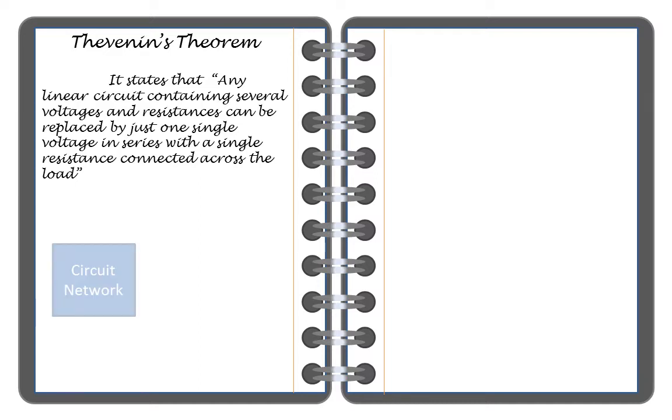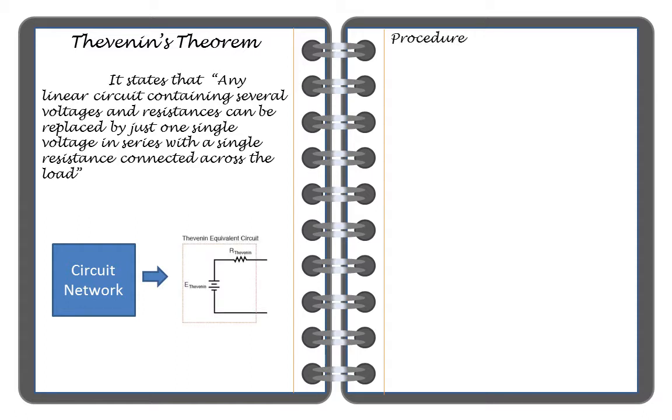So if we have a circuit network, a very complex circuit network or a little complex network, we can simplify it with just one voltage source, which we call Thevenin's voltage, and a resistance, which we call Thevenin's resistance. So they are in series and connected across the load. This simple setup is what we call Thevenin's equivalent circuit.